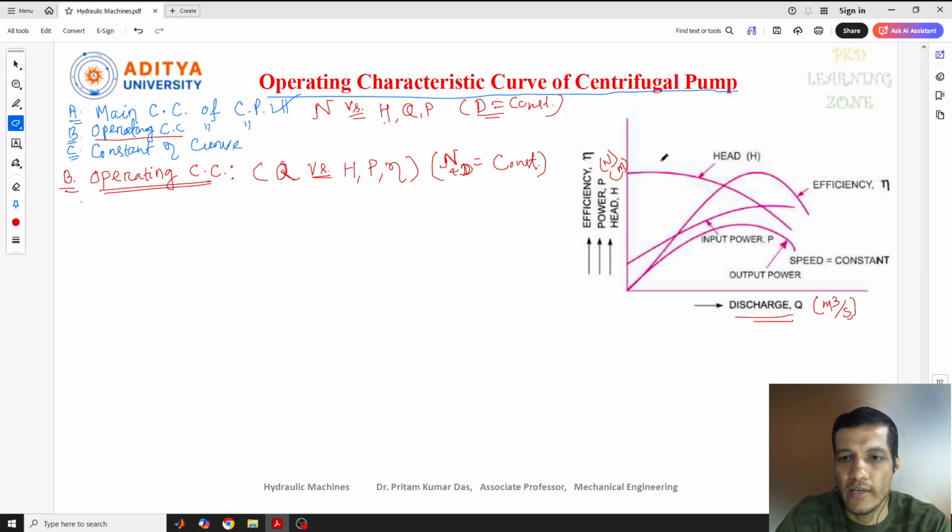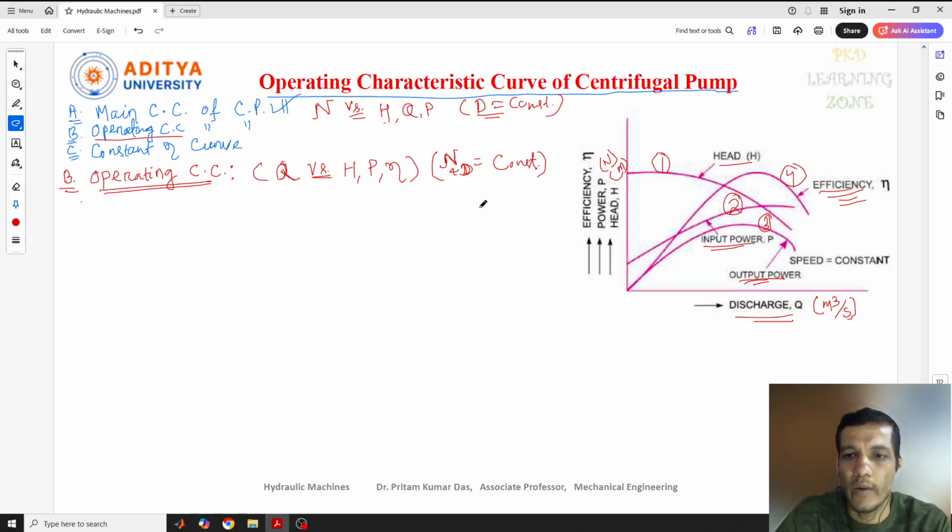The first is the head curve, the relation between head and discharge. The second is the input power, how much power you are supplying. The third is the output power. And the fourth is the efficiency curve.